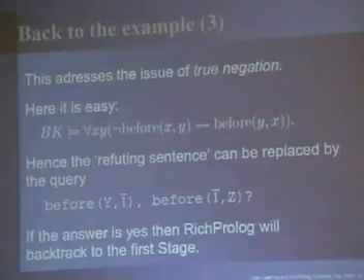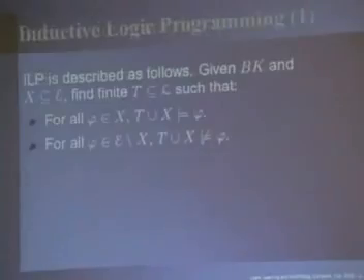So this is how ILP works. Given some set of possible evidence, given some background knowledge, find a logic program, a set of rules that will generate precisely this set X and nothing more.